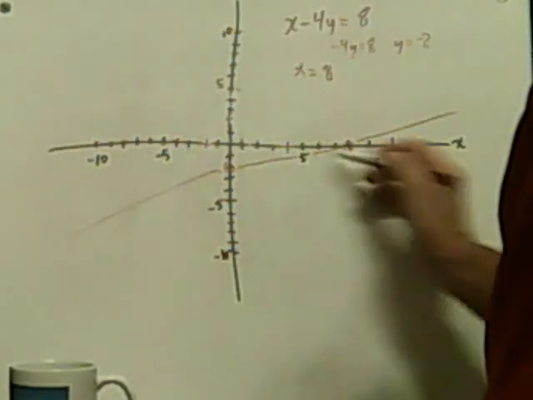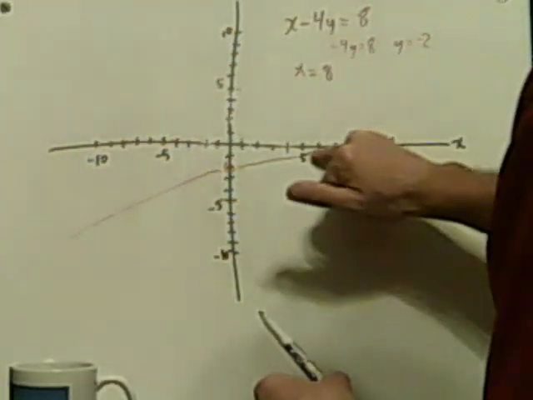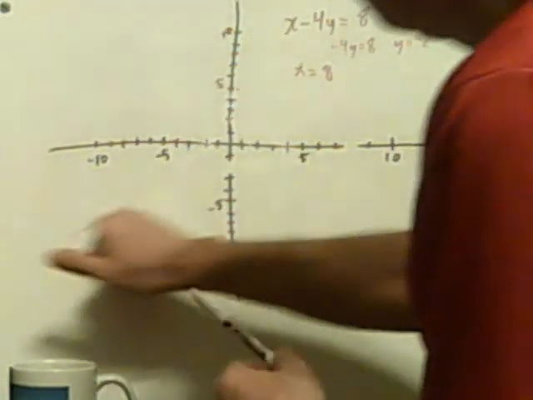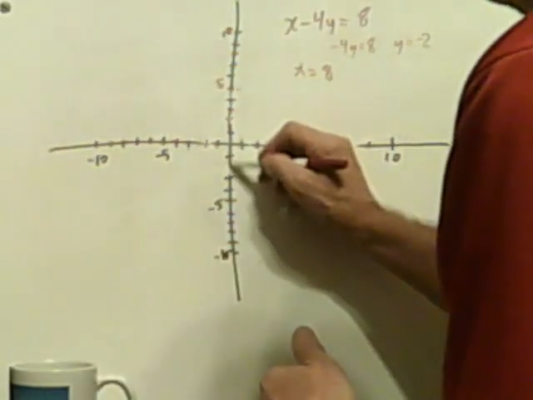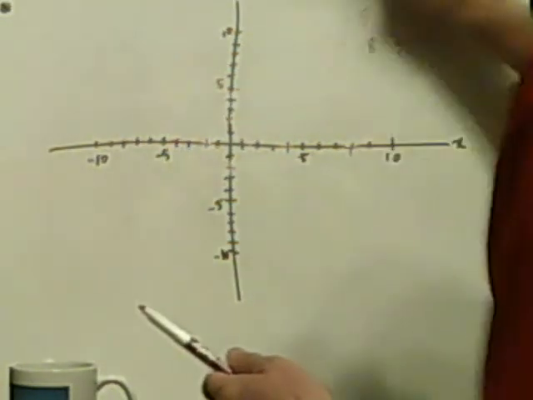The slope on that is the ratio of 2 to 8. That's a ratio of 1 over 4. So that would be called the slope of 1/4. Put the line back in. Right here, go to the next problem.